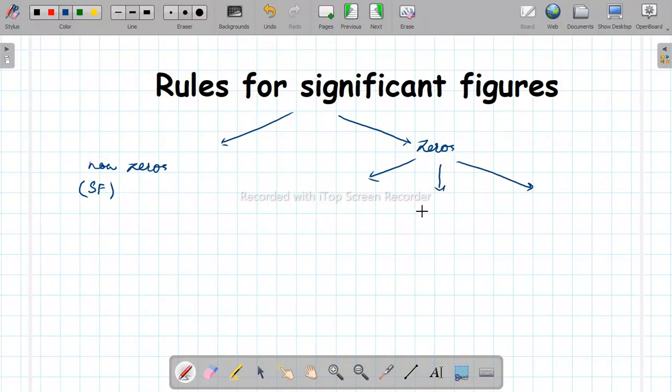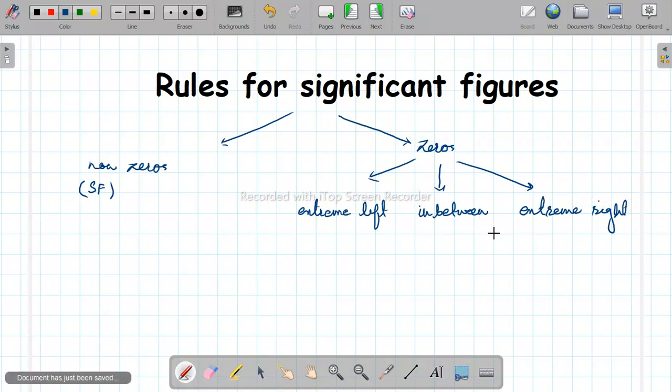Is the zero in between the non-zeros? Let's just write zero in between. Is the zero at extreme right or extreme left? Extreme left, and then we have extreme right. The rule says whenever we have zero in between known zeros, we'll always take it as significant figure.